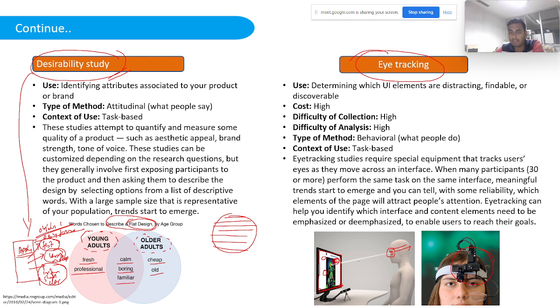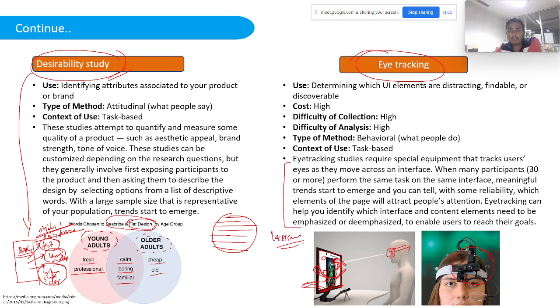However, if the movement of the eye goes here and there and then finally reaches that particular location, that means it was not easy for the person to identify that particular feature. And you again need to do this in a large sample study.